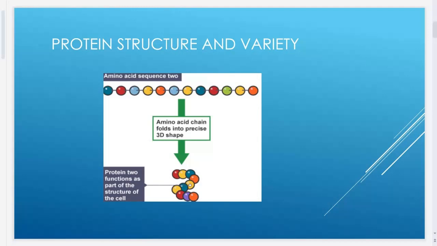The sequence of amino acids in the chain determines how the chain will fold up to make the protein, so different proteins have different three-dimensional shapes. The three-dimensional shape of a protein determines its function.